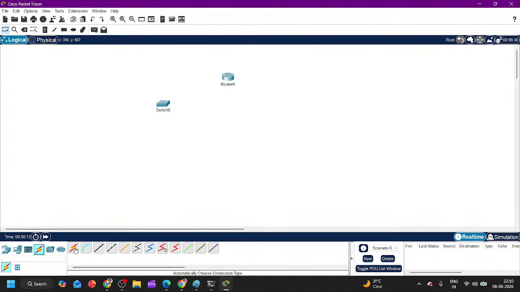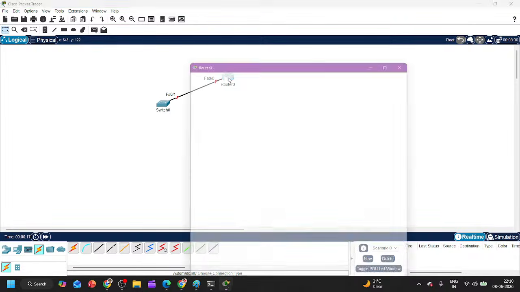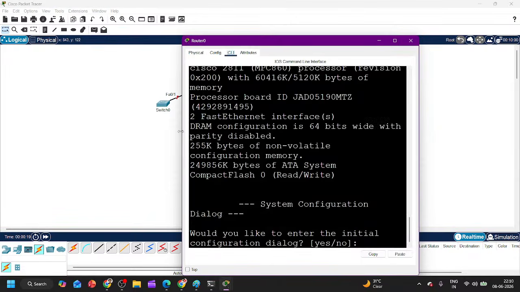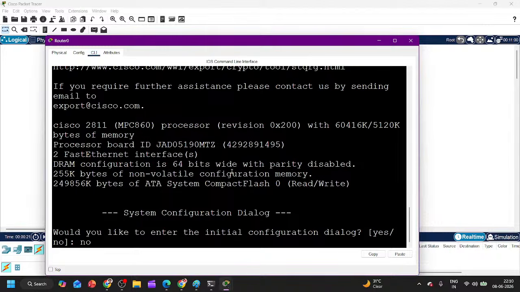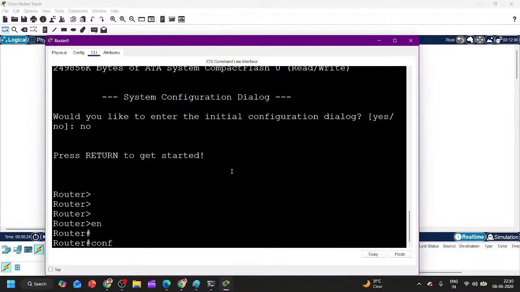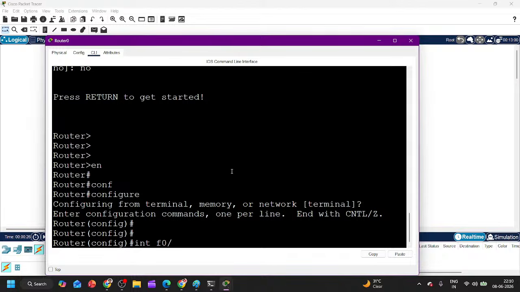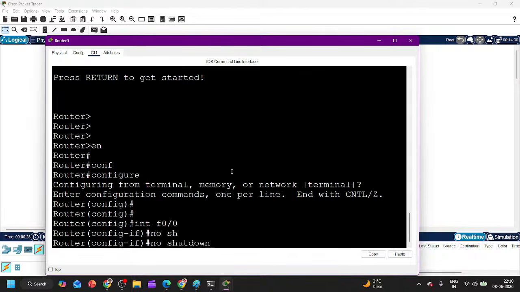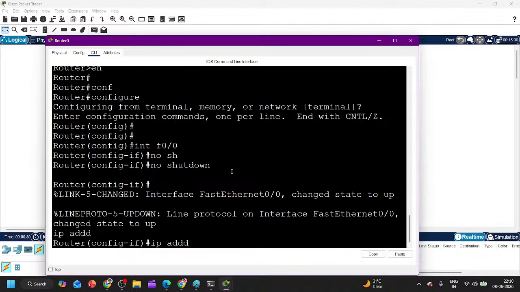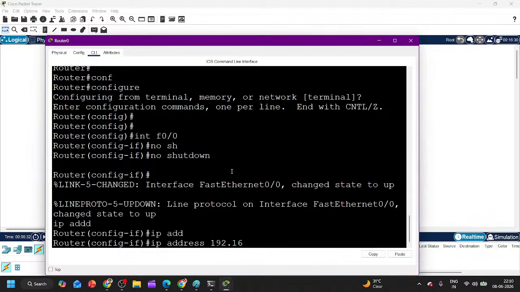And I am going to configure one IP address on router interface like this. Enable, config t, interface F0/0, no shutdown, and let's say IP address 192.168.1.32 255.255.255.254. Will it accept this IP address? Yes.